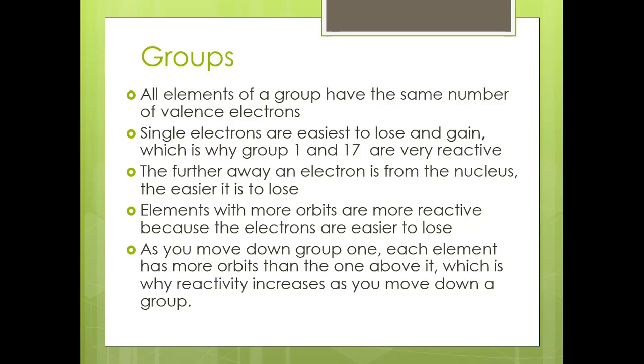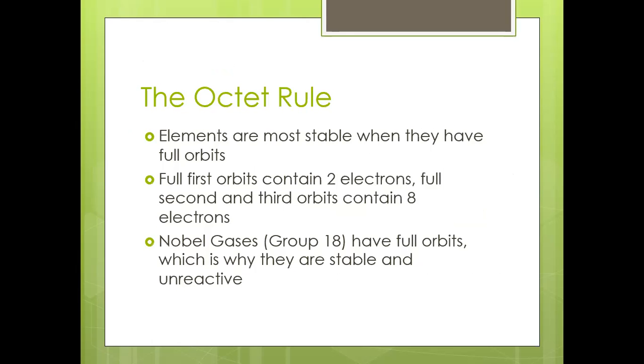So elements that have more orbits are more reactive because they can lose electrons more easily. As you move down one group, each element will have one more orbital than the previous one. So that is why reactivity increases as you go down.